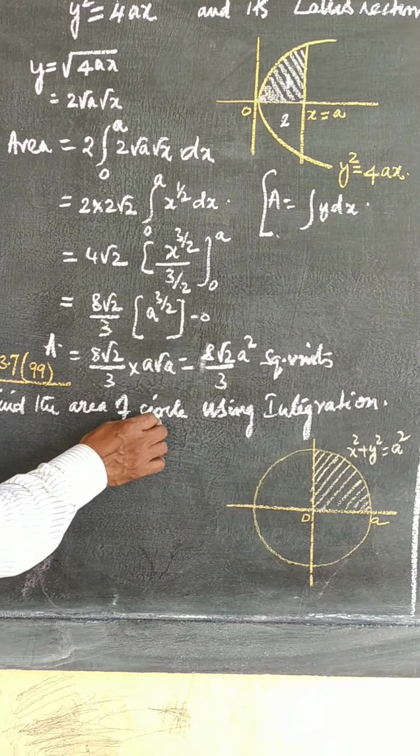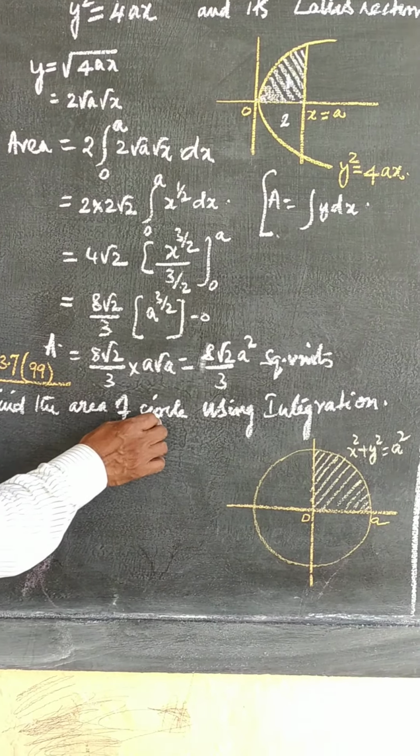From this we can find y square is equal to a square minus x square. As before, you can give x is equal to 0, what happens for y? When x is equal to a, what happens for y? Therefore, y is equal to root of a square minus x square.